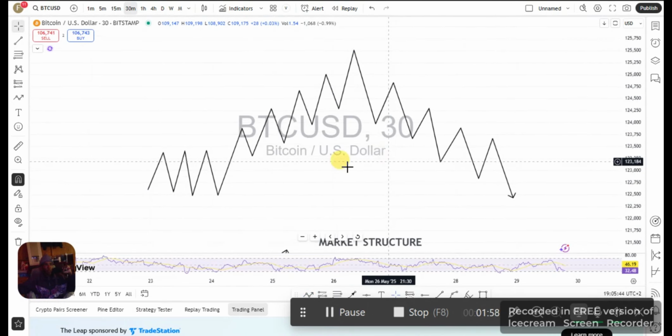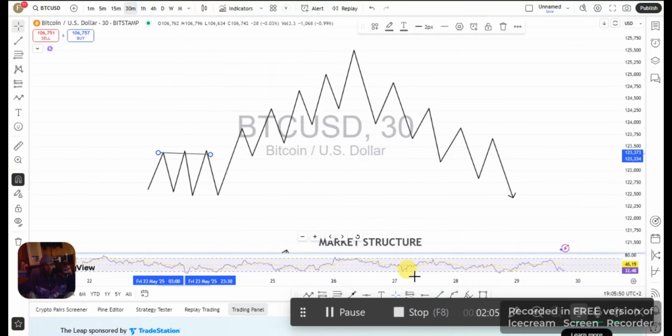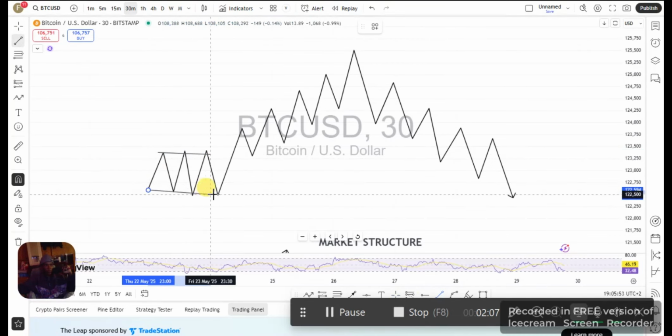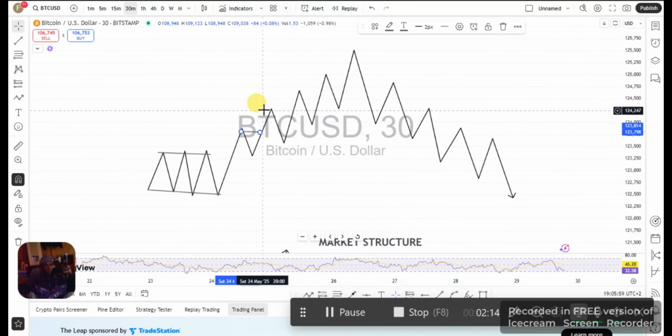So we have something like this. We have our resistance, we have our support, and then we have breakout structures.